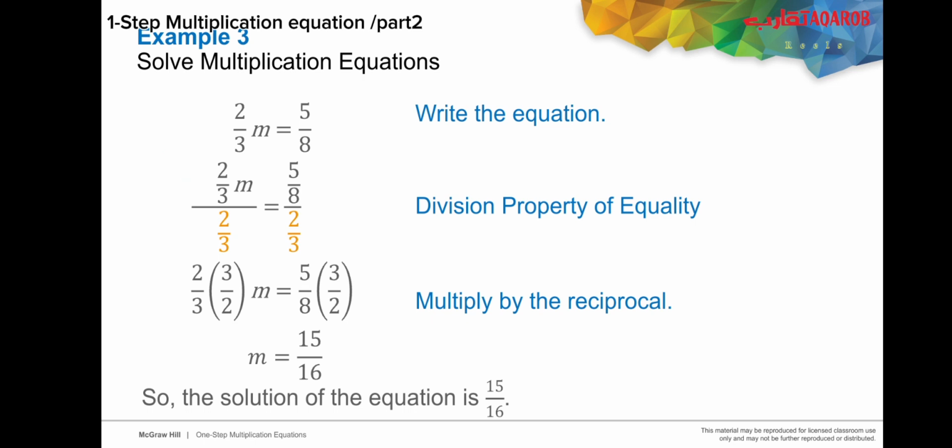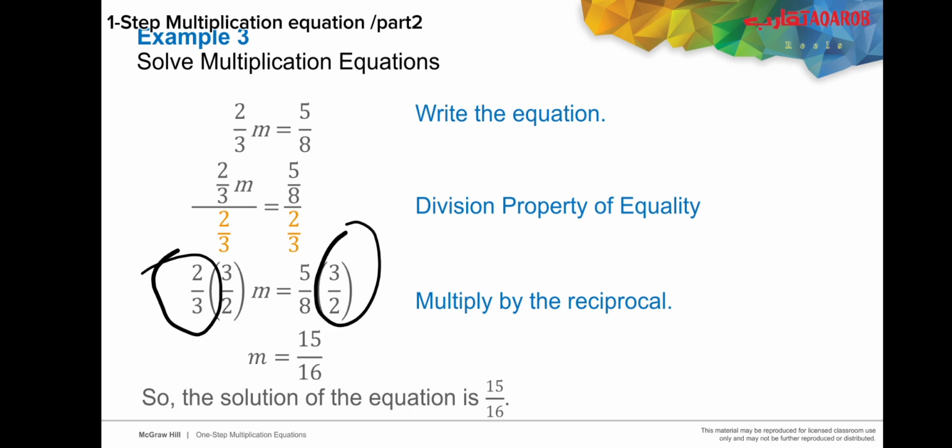So instead of dividing by a fraction, I will convert it into multiplication, and I will multiply by the reciprocal. So for 2/3, I will multiply by 3/2. And on the other side, since it's 5/8 divided by 2/3, I will multiply instead of dividing, with the reciprocal, which is 3/2 again.